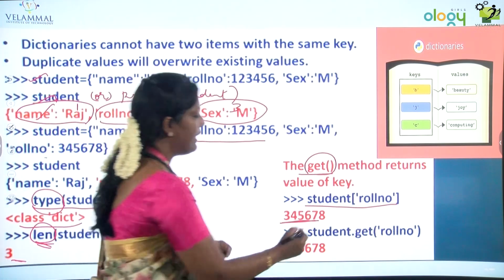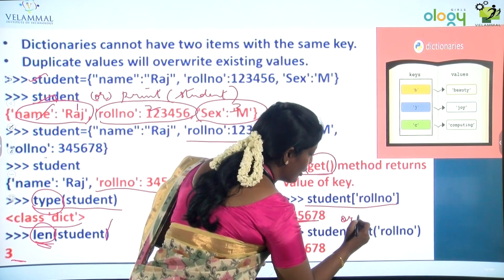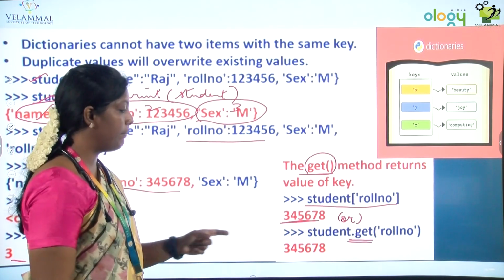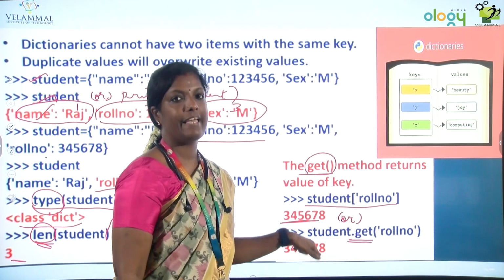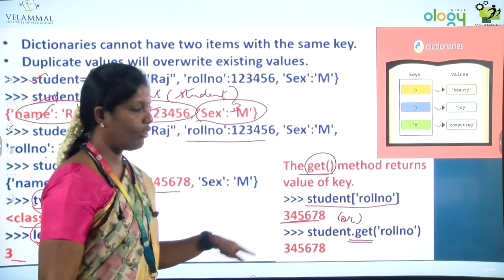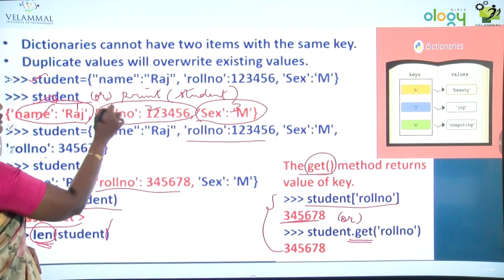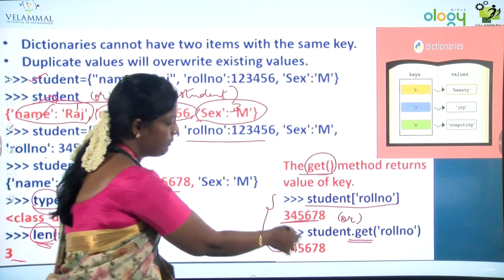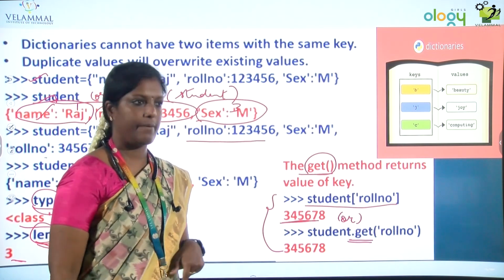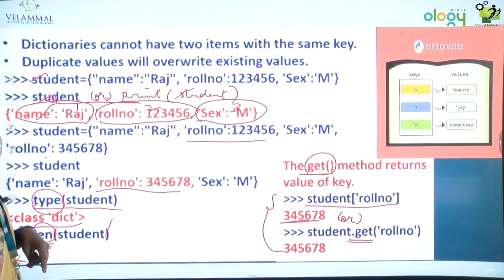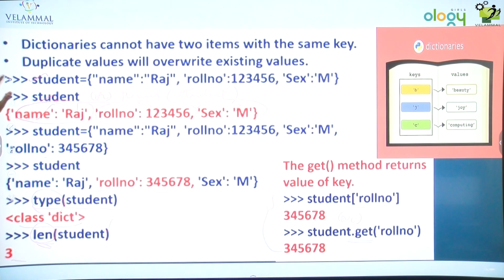So it's equivalent to, you can use it like this, or you can use the dot get method of roll number to again display the value of the key. Both display the same information. Like how I told you, these both are going to work the same way. Got it? Yeah, I hope you're clear, children. We'll move on to the next slide.